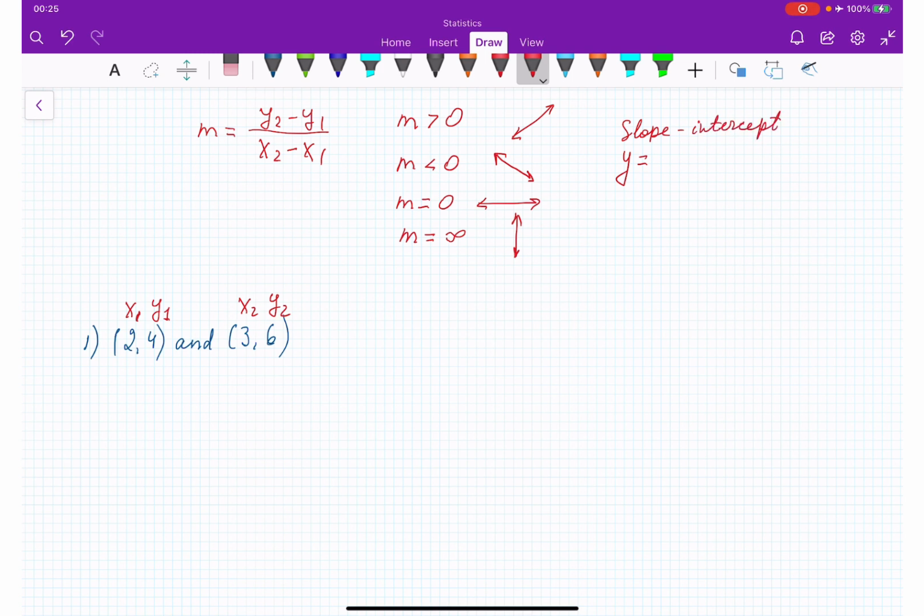Slope-intercept is y equals mx plus b, where m is your slope and b is your y-intercept.